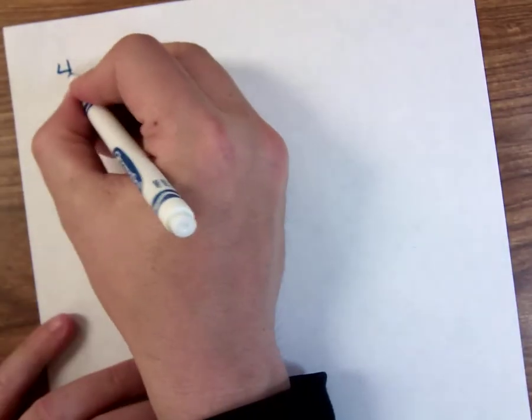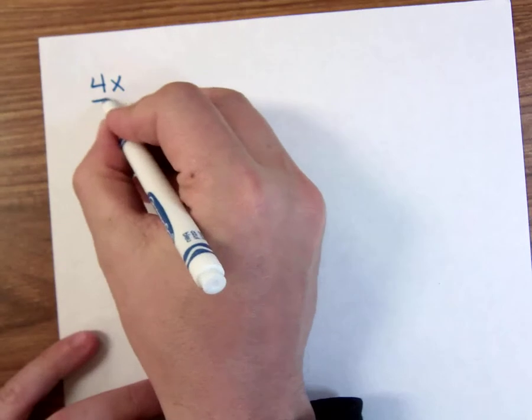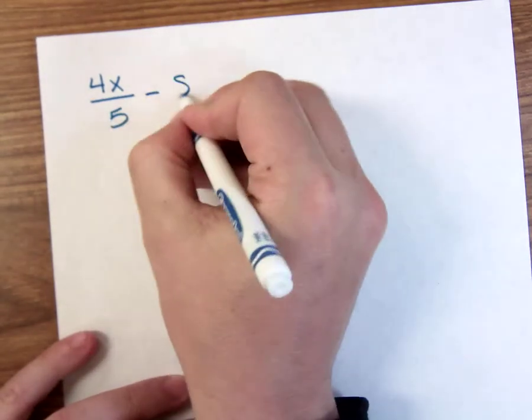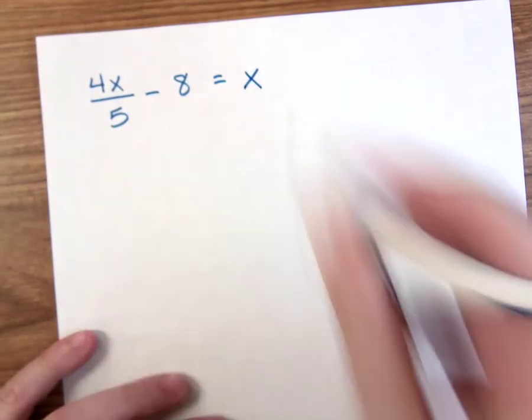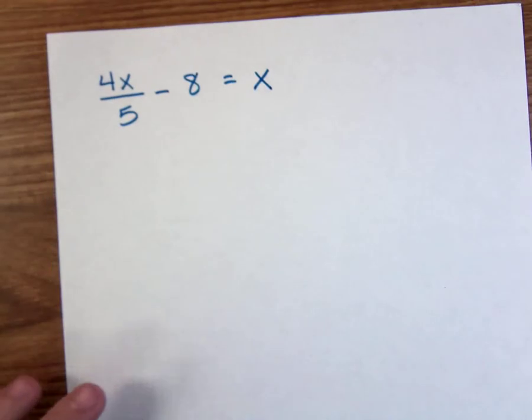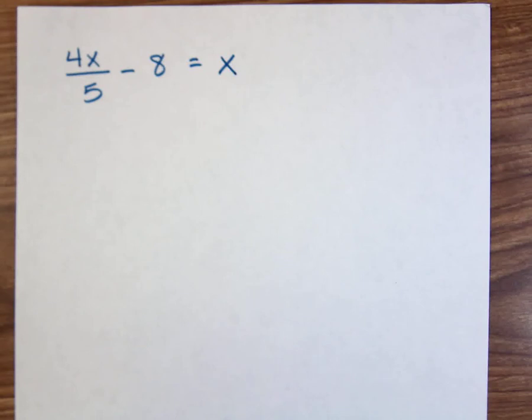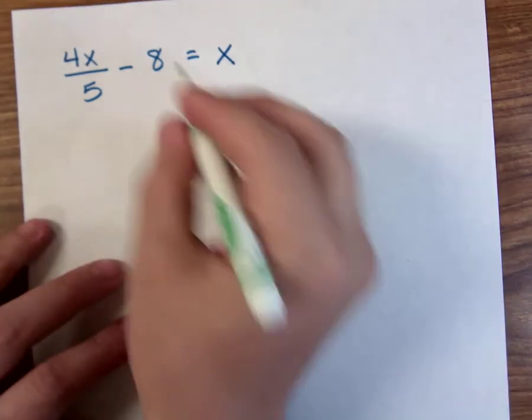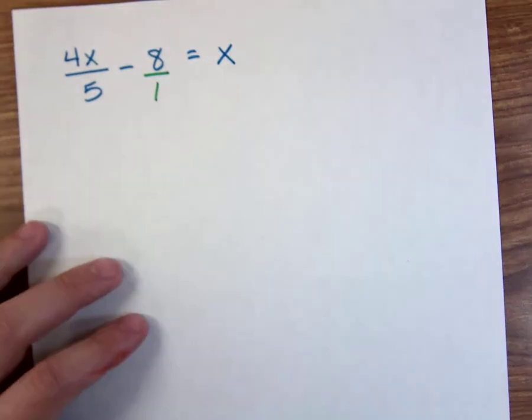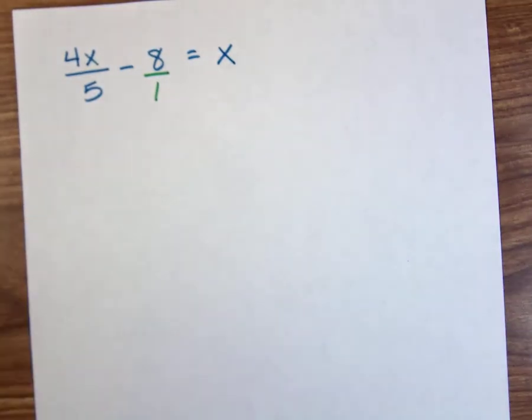So let me show you a goofy one. What if you only got one fraction? Make it 8 over 1? Yeah. 8 is just 8 over 1, right? What do I want to do?